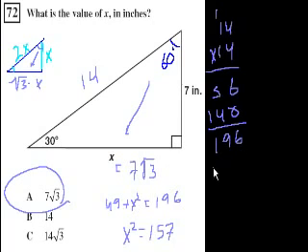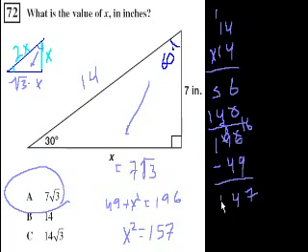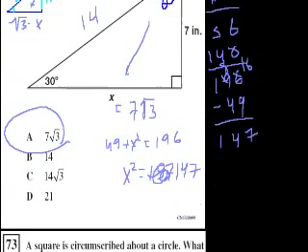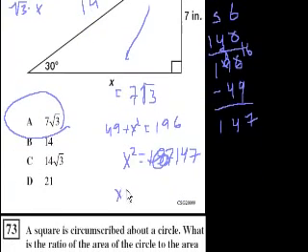And then if you were to subtract 49 from that, you say this is an 8, this is a 16, we have a 7. Sorry, 147. Yeah, it's a good thing I checked that. 147. All right. So x is equal to the square root of 147.